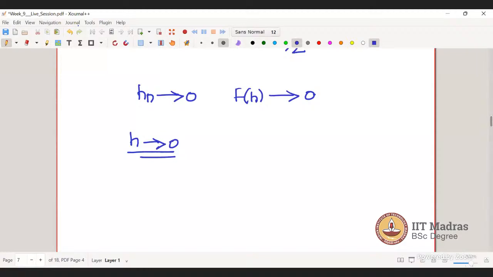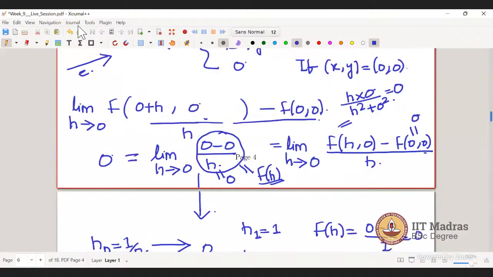Okay. So when h tends to 0, then f of h basically tends to 0. If you take some non-zero number that tends to 0, then for all the non-zero numbers, f of h is basically 0.